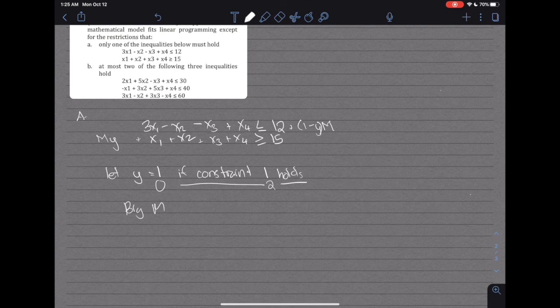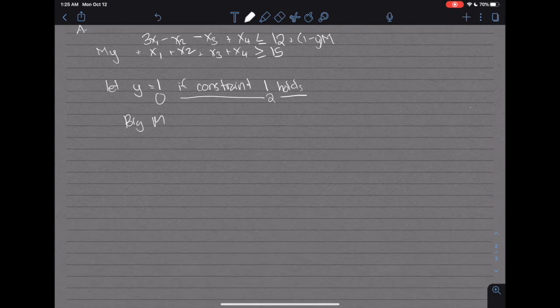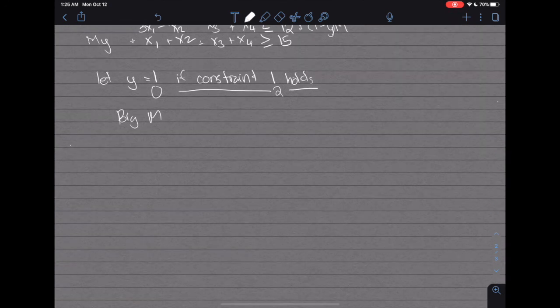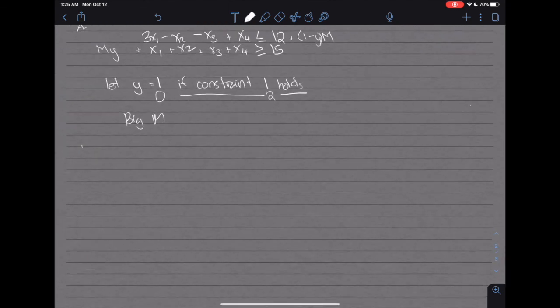Why are these the coefficients that we add? Again, remember, y is equal to 1 if constraint 1 holds. Let's investigate what happens.